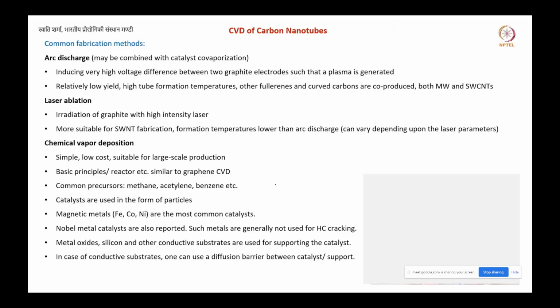Now we'll see the CVD of carbon nanotubes, as we have discussed the CVD of the graphene material.